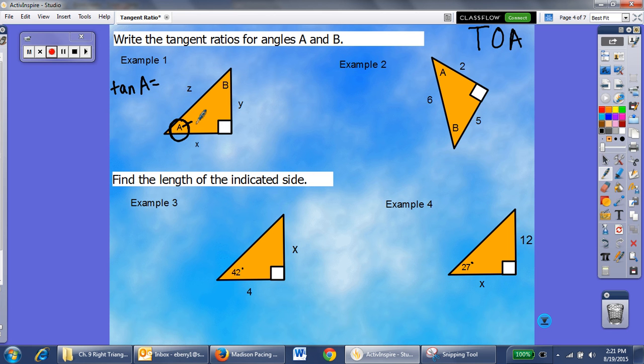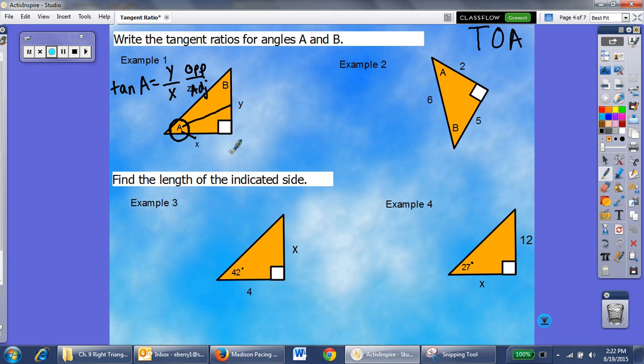So directly opposite is y. So you can see how it's opposite. So I put y on top over, and the A stands for adjacent. So adjacent to A is this x. So we're doing opposite over adjacent.